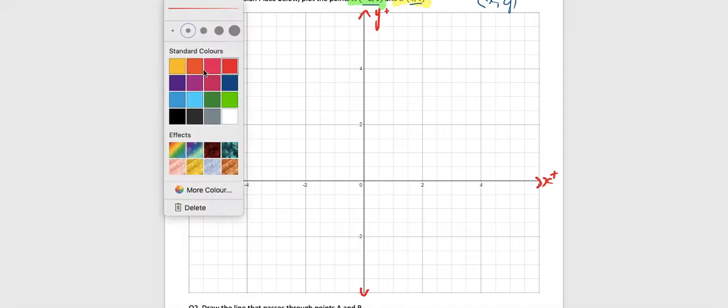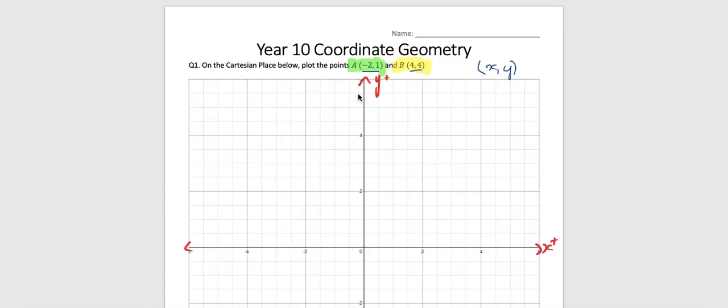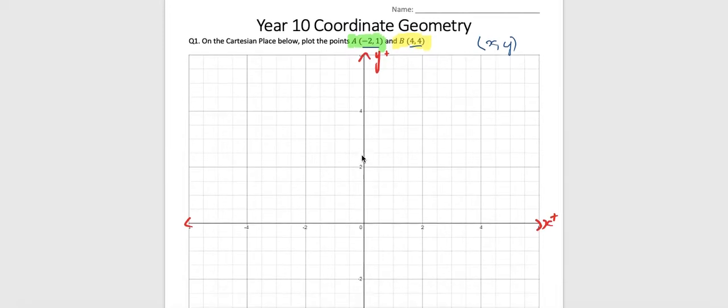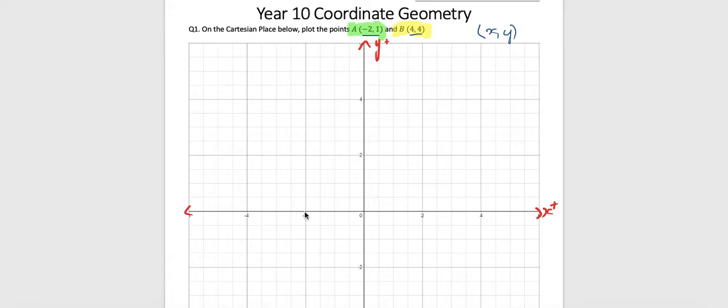Now jumping into the plotting, consider that we have point A, which is (-2, 1), and we want to plot it on this Cartesian plane. Well, what I'm first going to do is look for -2 on the x-axis, which is here, and then I'm going to look at 1 on the y-axis, which is just here.